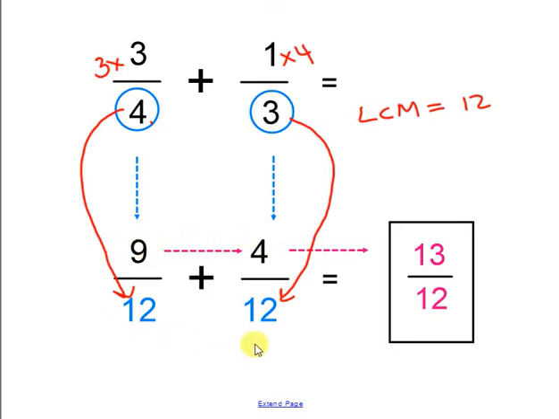Then I now have like denominators. 9 plus 4 is 13. Keep the bottom the same as 12 and simplify, and that's already simplified there.